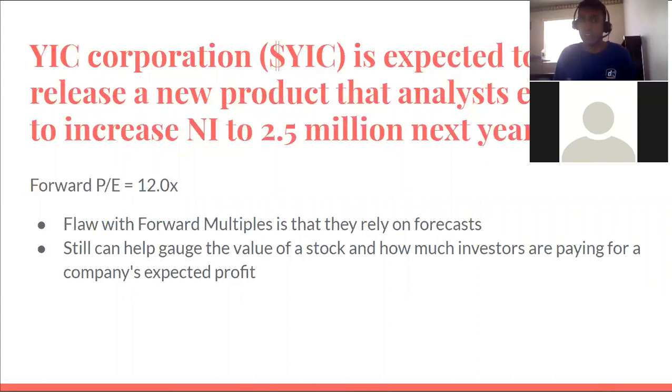It relies on assumptions and forecasts, based on news, what kind of insights you get from the market, or what kind of information you might find out that could affect that net income. But still, this can help gauge the value of a stock and how much investors are paying for a company's expected profit.